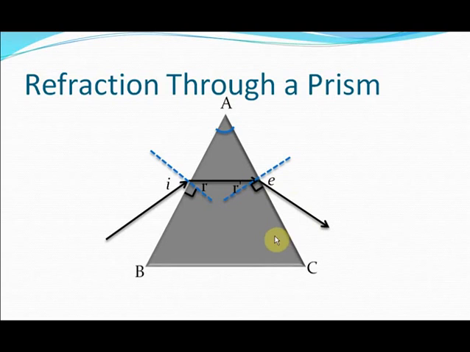Now what has been the net deviation suffered by this incident ray? If we extend the incident ray forward and calculate the angle between the incident ray and the emergent ray, we find delta. Delta is the net deviation caused by the prism. This is a very important quantity for any prism, the angle of deviation.